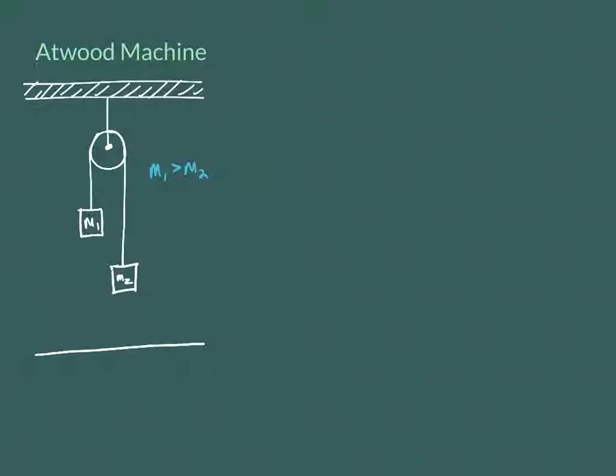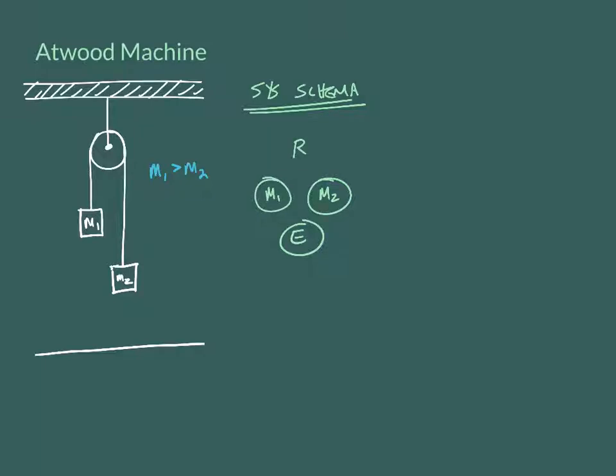So what we'll do is we can generate a system schema for this. So I'll do that. And so we have mass 1, mass 2, the Earth, and I'll just use the rope.